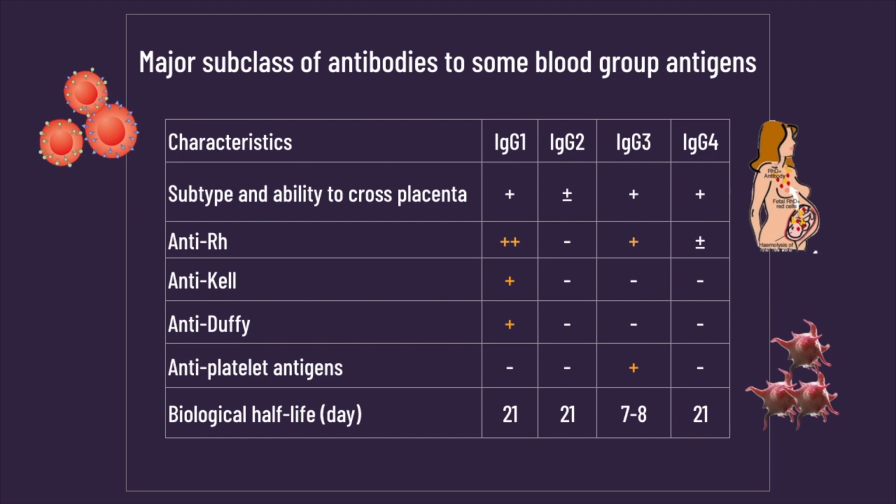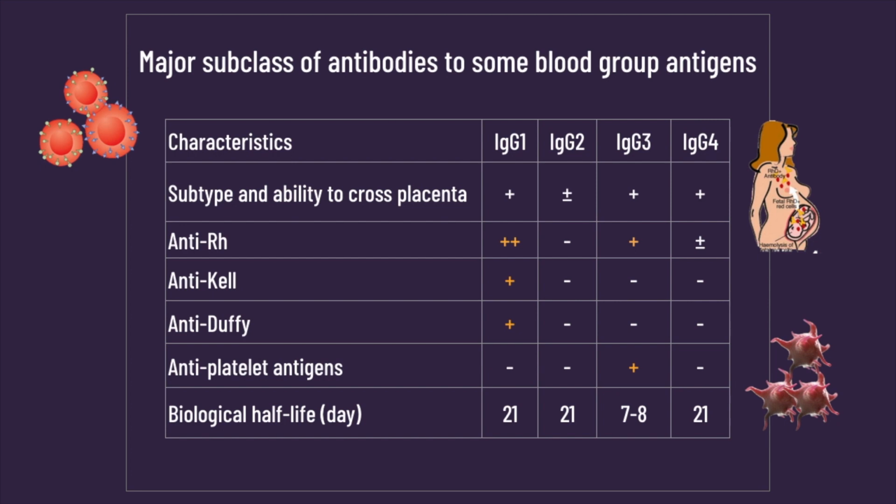Class and subclass of antibody differ in ability to cross the placenta, which can be used to predict the chance of inducing fetal complications. This table demonstrates some characteristics of major subclasses of clinically significant antibodies to blood group antigens and platelets in terms of biological half-life and ability to cross the placenta.